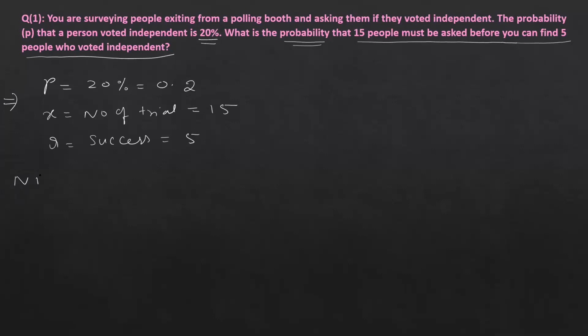The negative binomial, represented with X, R, and P, generally has the formula X minus 1 C R minus 1, P to the power of R, and Q to the power of X minus R. If P is 0.2, what is the Q value? Q will be 0.8, that is 1 minus P.